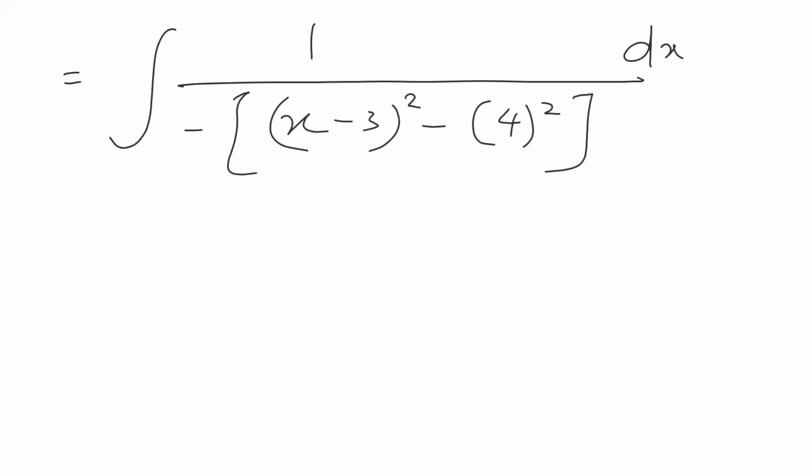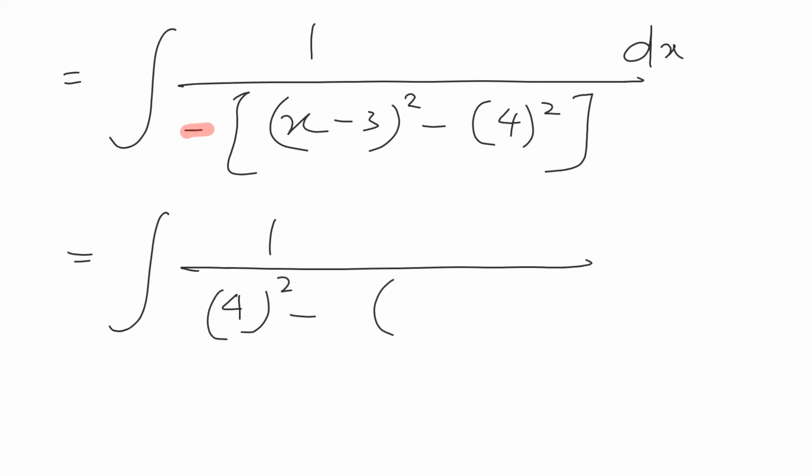So take this minus sign inside the box bracket. The terms will reverse. So this is A and this is X.